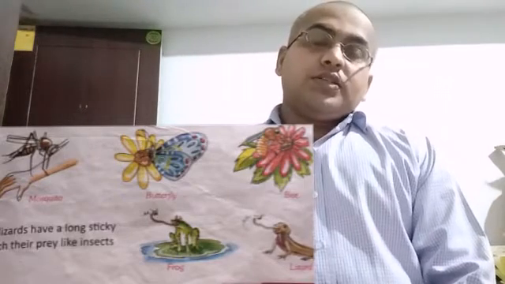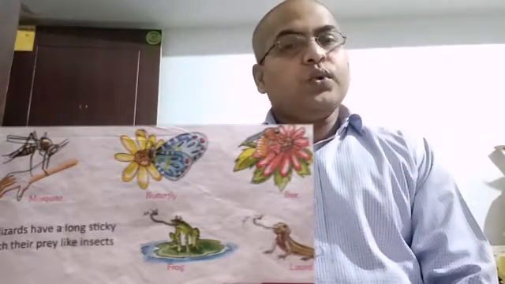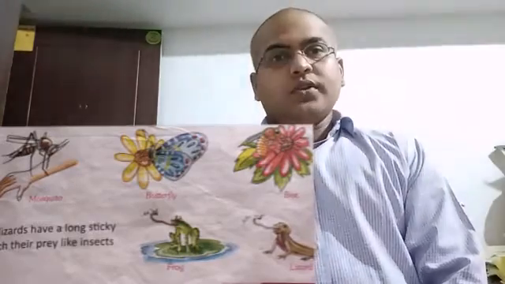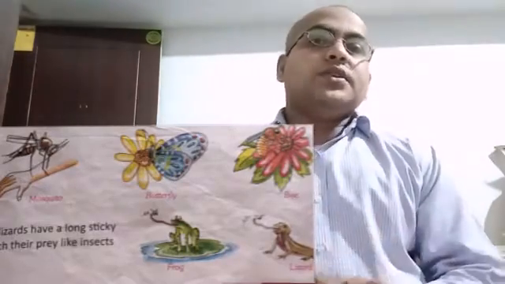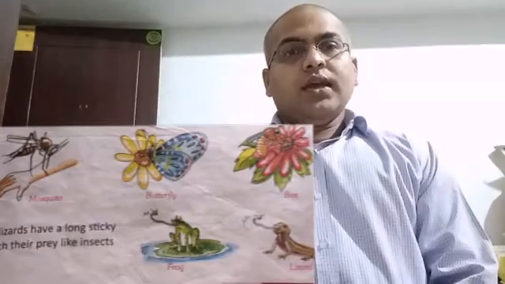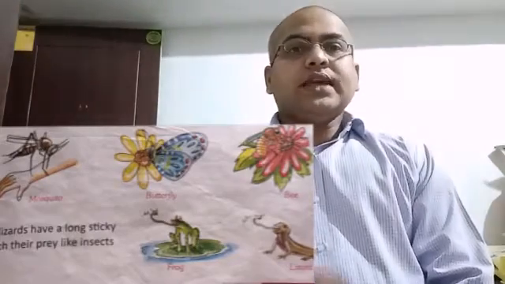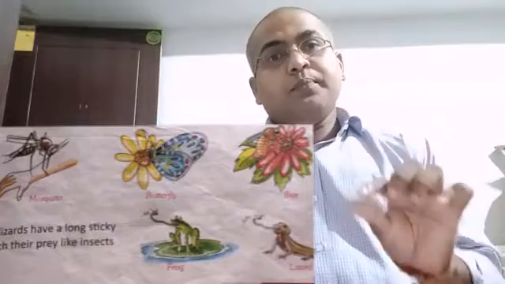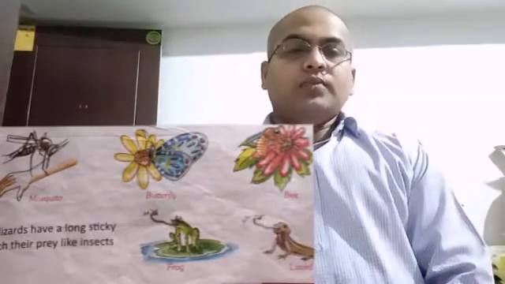Then come the birds. They have beaks, they don't have teeth. With the help of the beak, they eat their food. Different types of birds have different types of beaks. Sparrows and pigeons have beaks by which they can pick the grains from the ground.